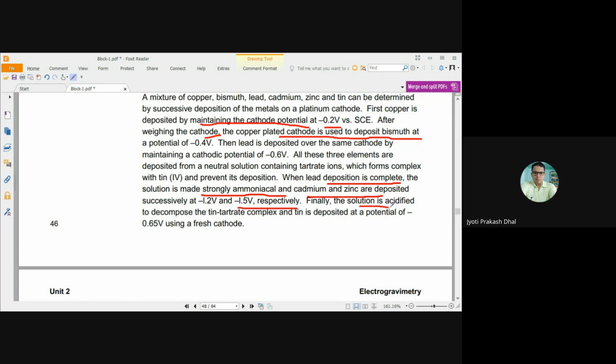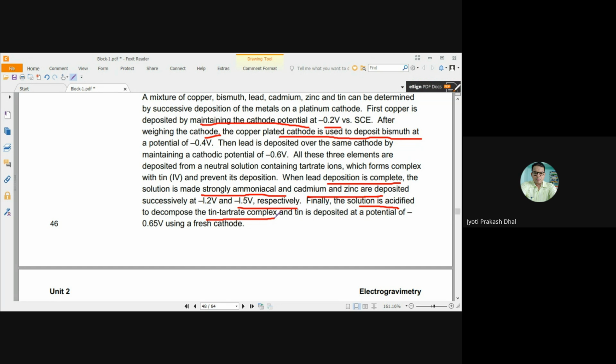Finally, the solution is acidified to decompose the tin tartrate complex. So when all the other ions have been deposited in neutral form, tin remains in the solution as a tin tartrate complex.